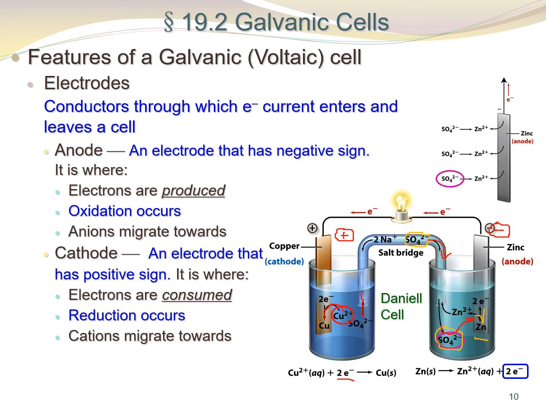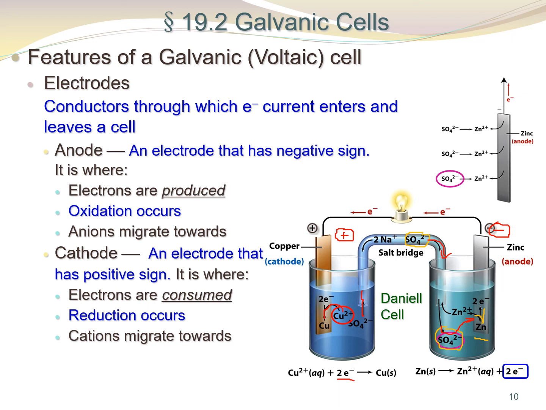From all of these explanations, which we have to remember, it becomes quite confusing, because anode, okay, electron is produced, oxidation is going to occur. What about the anion?